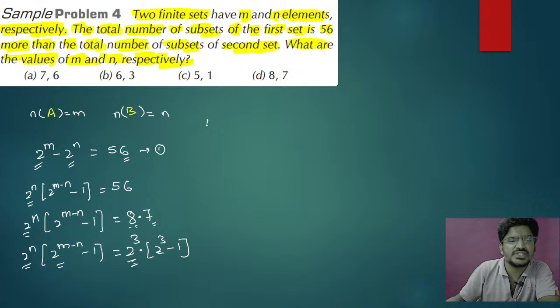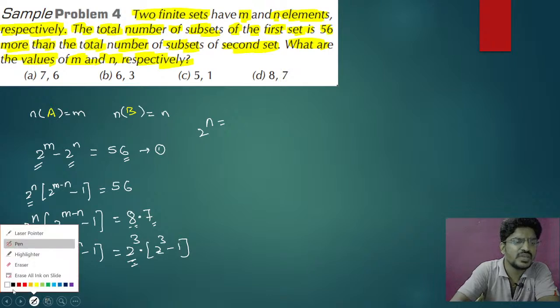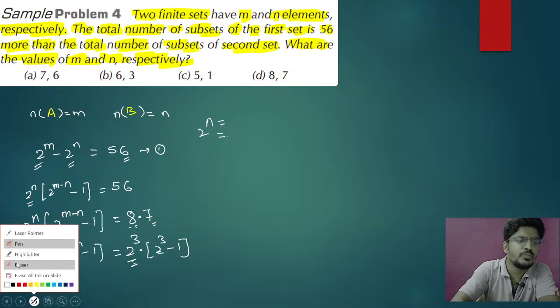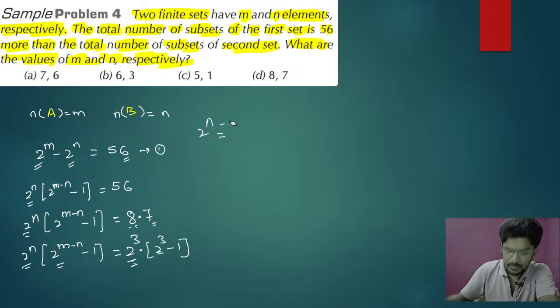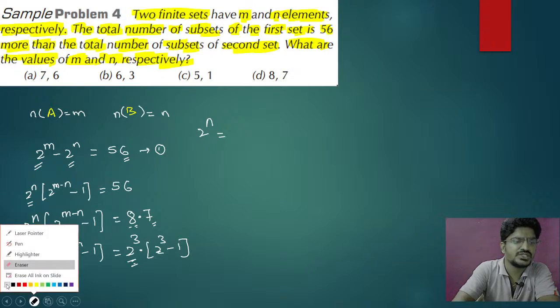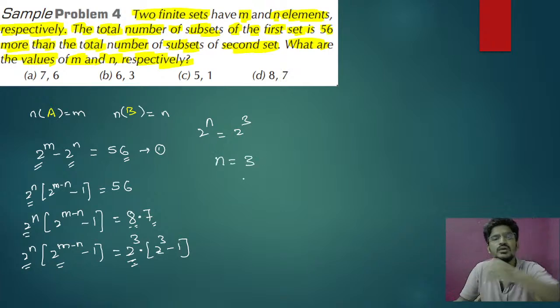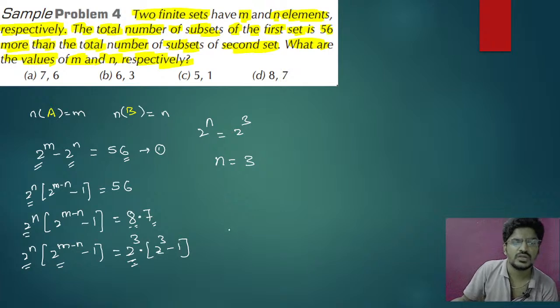From this you can write 2 to the power of n is equal to 2 to the power of 3 by comparing LHS and RHS. Therefore n is equal to 3.